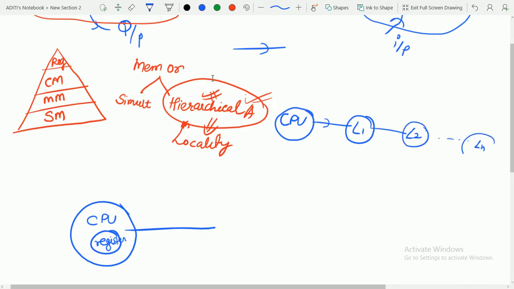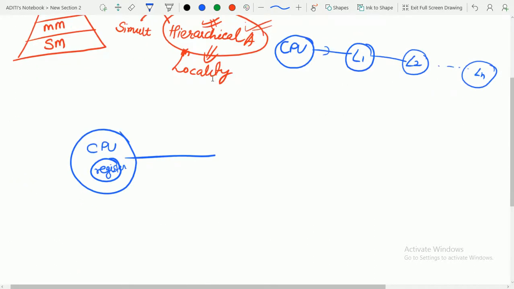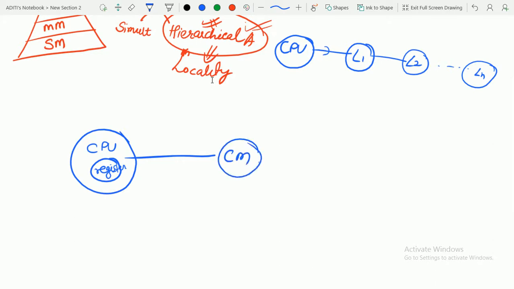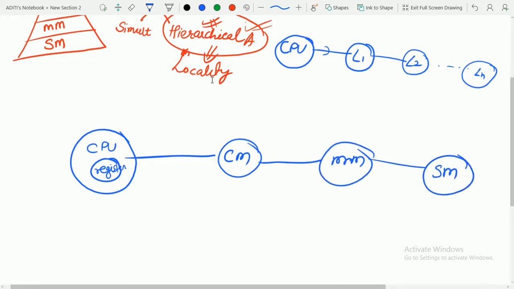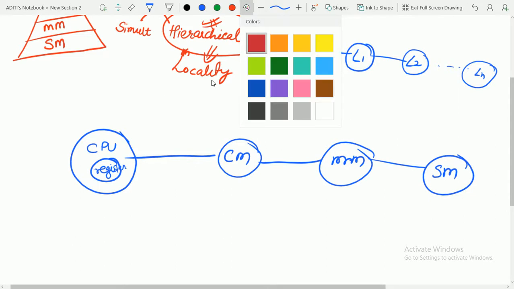Similarly here, the CPU register is in the CPU itself, it is connected to cache memory, cache memory is connected to main memory, and main memory is connected to secondary memory. You got this.